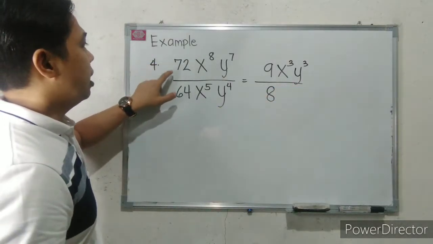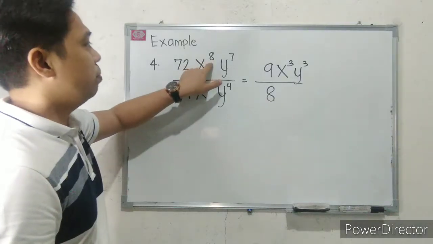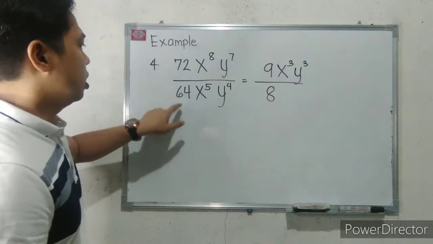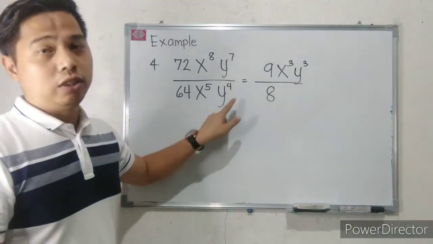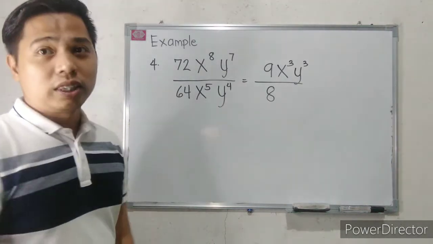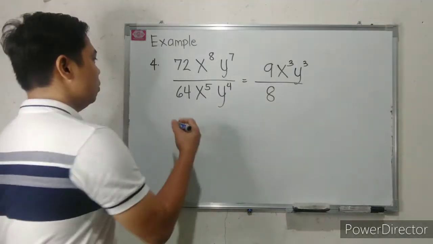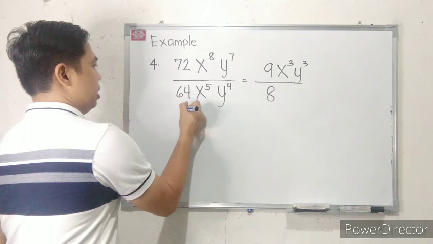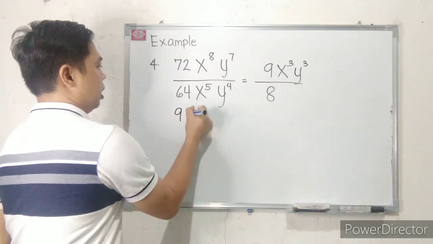Pag sinimplify natin ang 72x raised to the 8th power and y to the 7th power all over 64x to the 5th, y to the 4th power. So, try nga natin. So, 72, ginamit natin dito ay 8. So, 9 times 8.